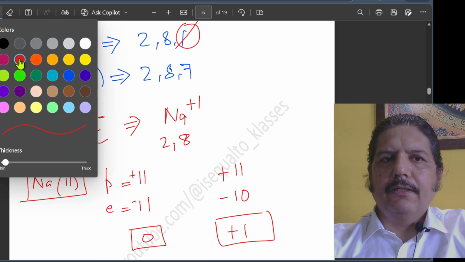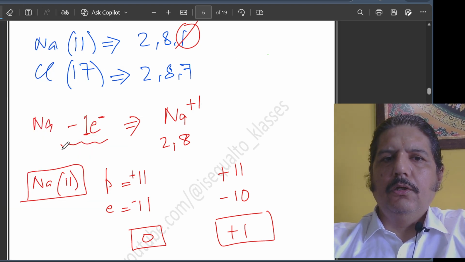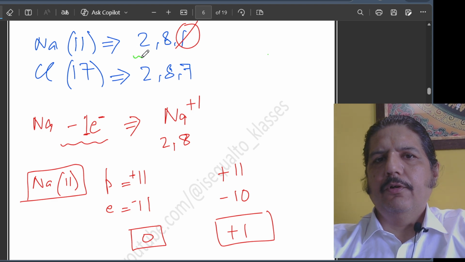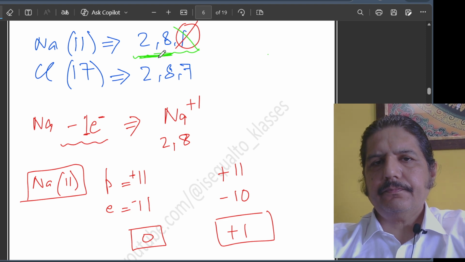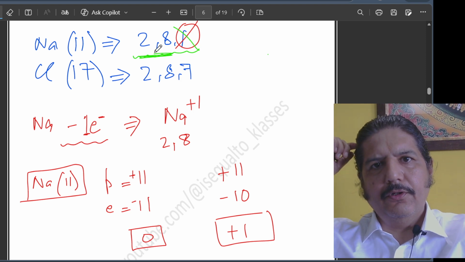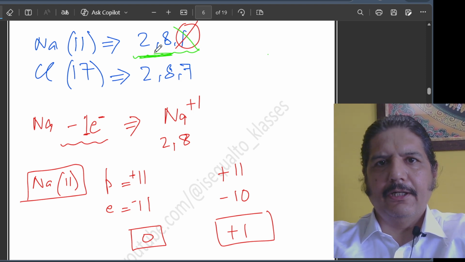Let me try to explain it again. Sodium has an electronic configuration of 2,8,1. It wants to lose this one electron. If it loses one electron, it will become something like 2,8. When it becomes 2,8, it will be stable because now it has 8 electrons in the outermost shell.